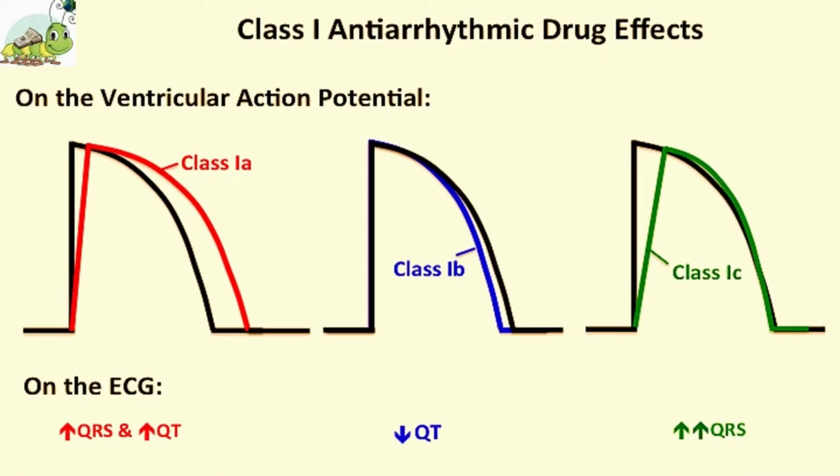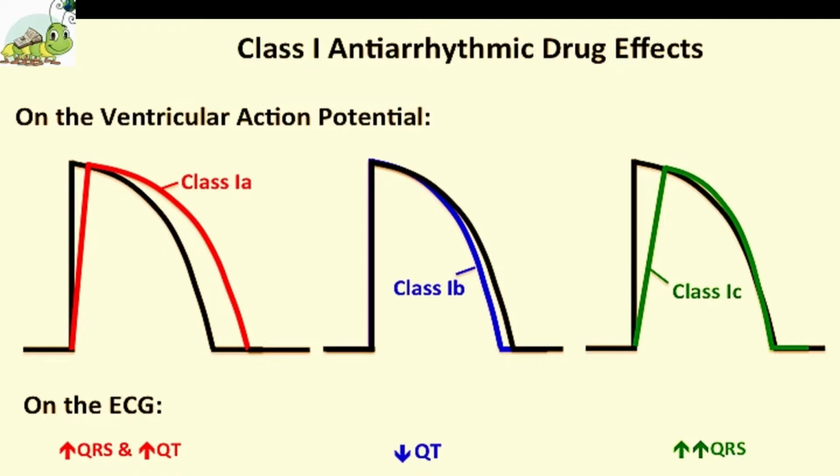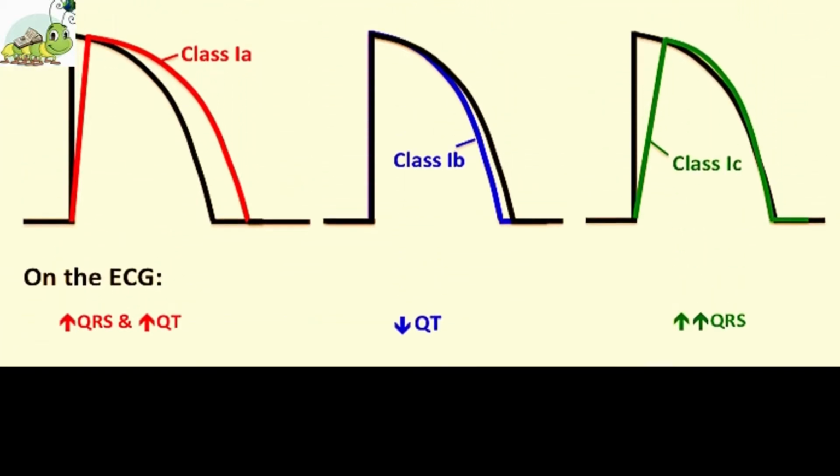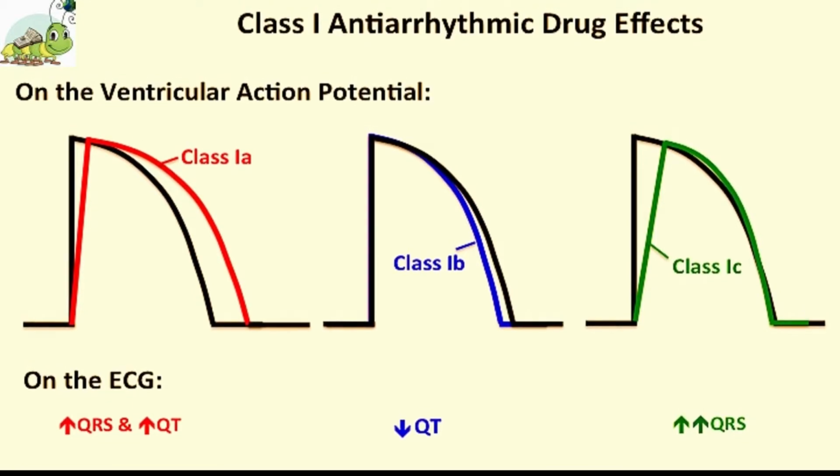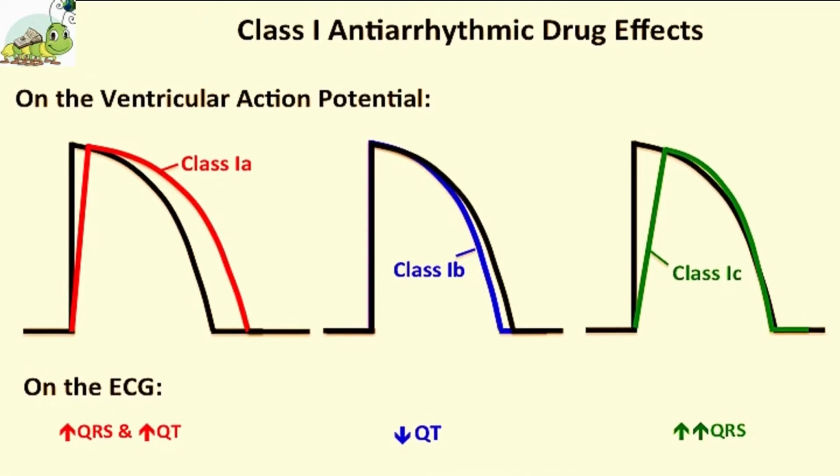Class 1A drugs do not alter the resting membrane potential because they decrease Vmax. Class 1A drugs slow conduction velocity.